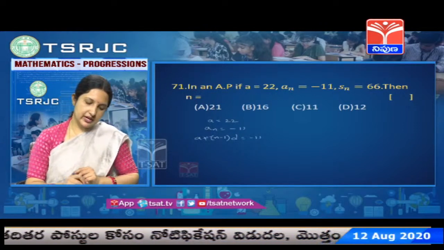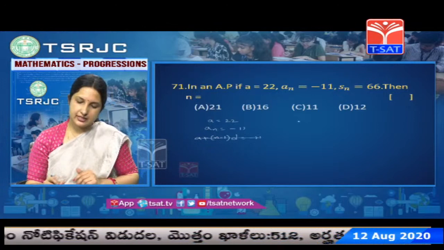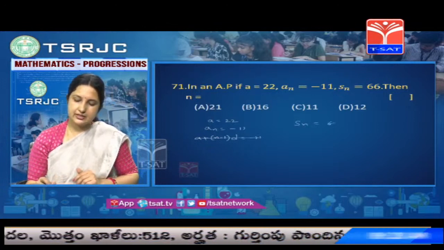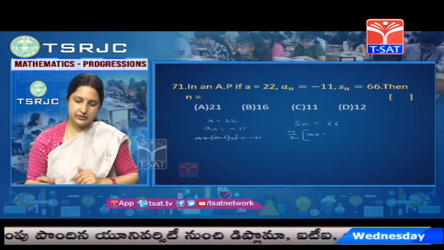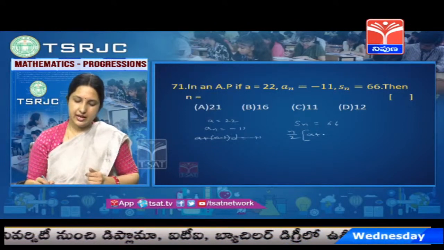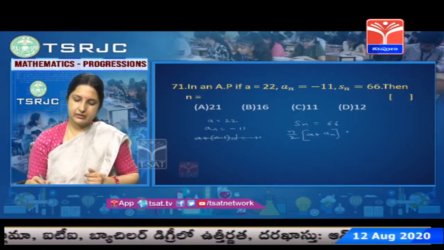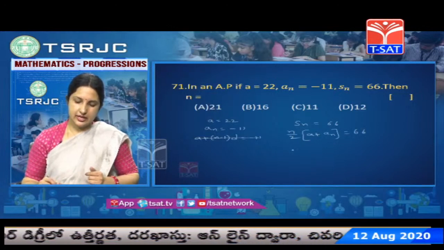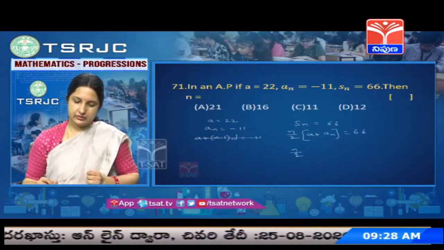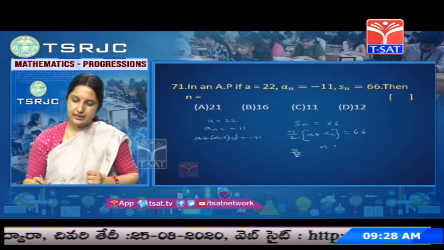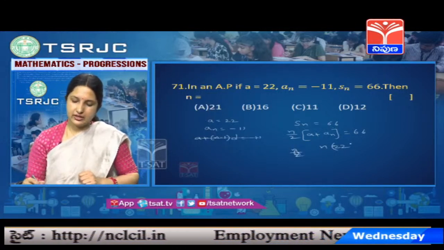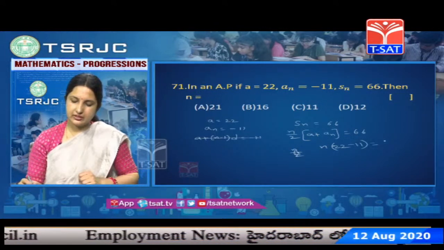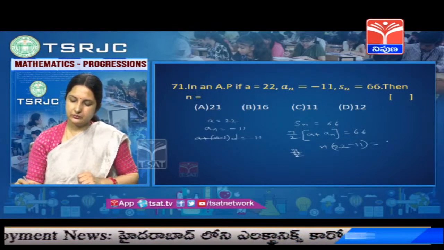Okay, no need to find this. Then directly Sn is given as 66. Sn = n/2 into (a plus l). The first term and the last term, an only, equals 66. So n/2 into (22 - 11) equals 66, so n into 11 equals 66 into 2.